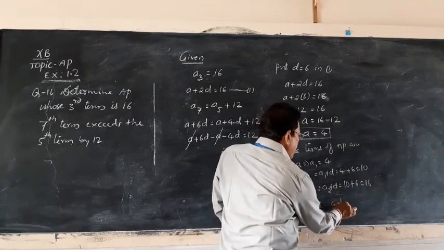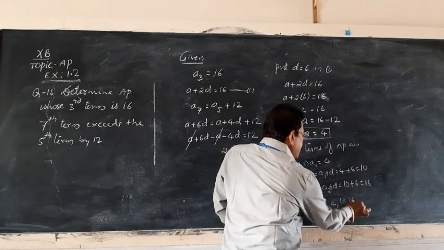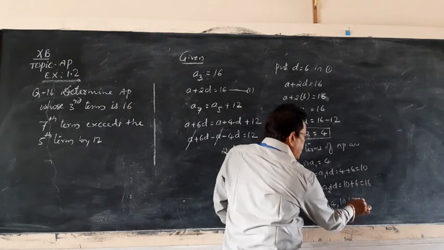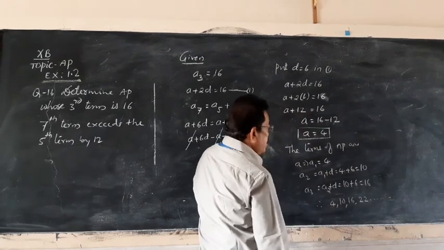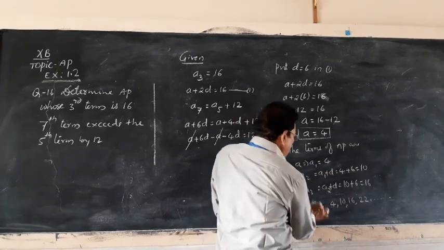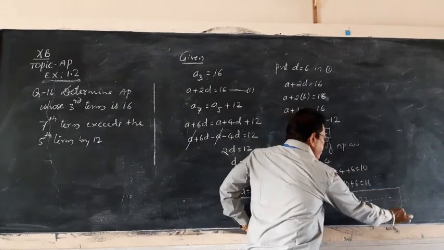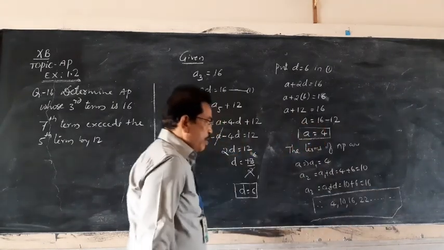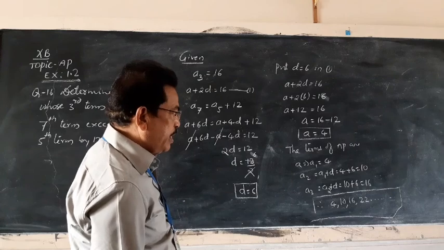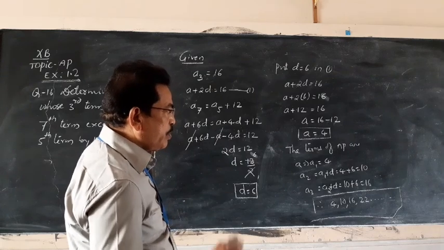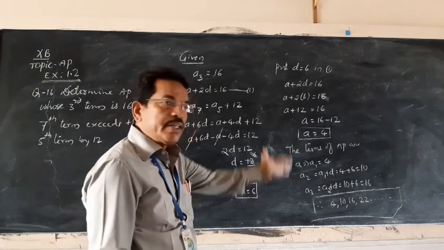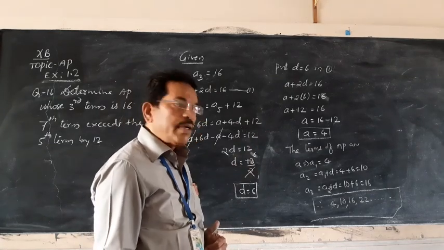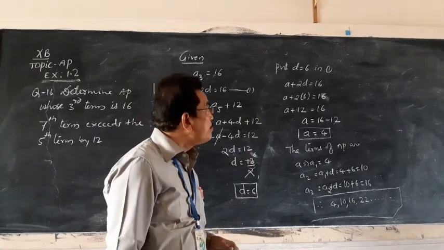Therefore, 4, 10, 16, 22, and so on are the terms of the AP. 4, 10, 16, 22, 28, like that. You can write further terms. Okay? Write down.